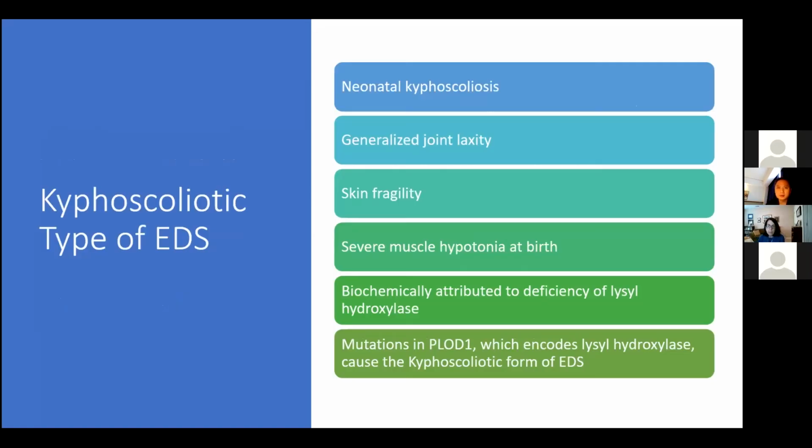And biochemical analysis identifies a deficiency of lysyl hydroxylase, and the variants are in PLOD1, the gene that encodes the enzyme which hydroxylates lysine on the collagen molecules, and this causes the kyphoscoliotic form of EDS.